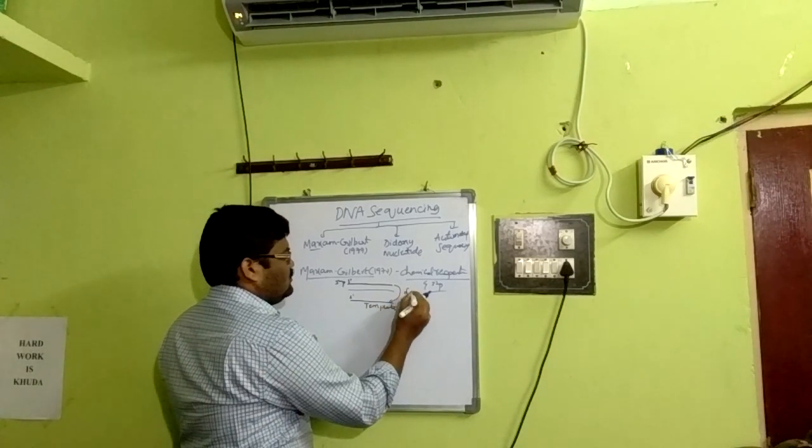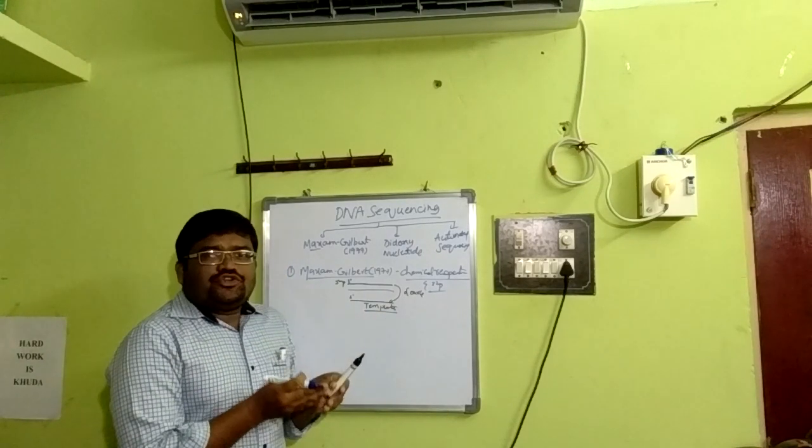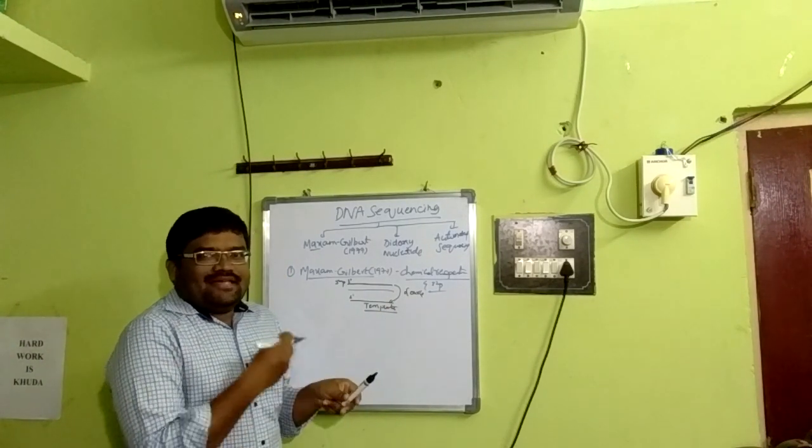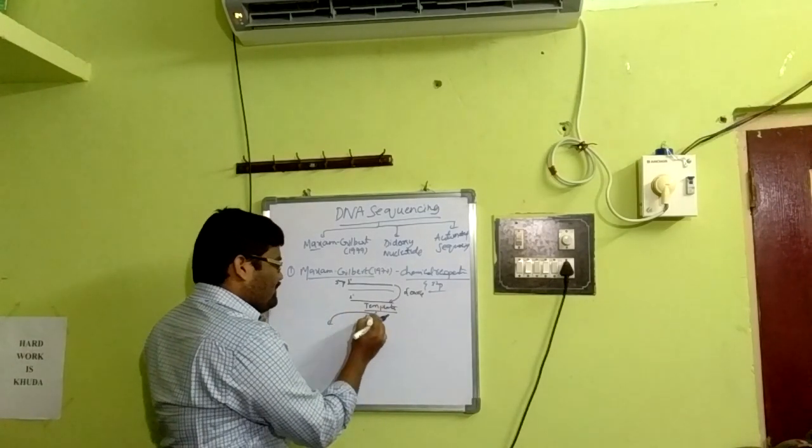This is the source, and after this we have to distribute this template, that means the basic DNA strand, into 4 reaction vessels.